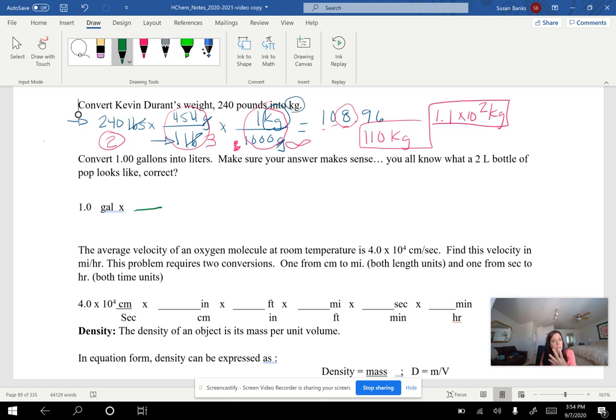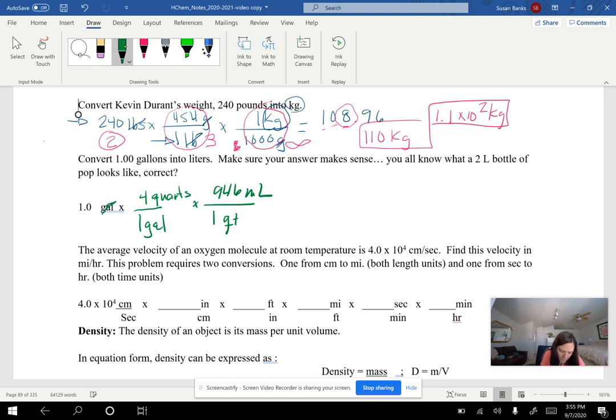There are 4 quarts in a gallon, right? Quarter. So 1 gallon will give me 4 quarts. And then I said in 1 quart, I had 946 milliliters.